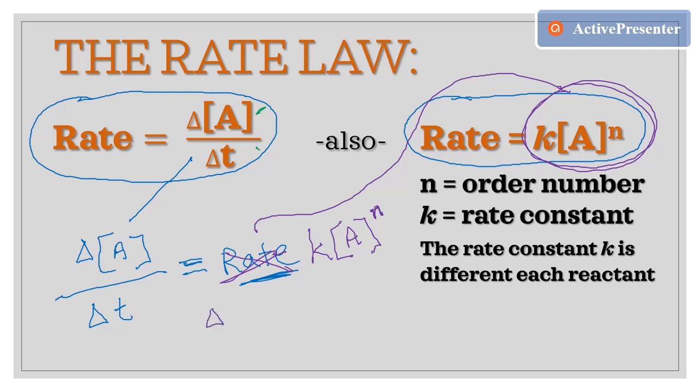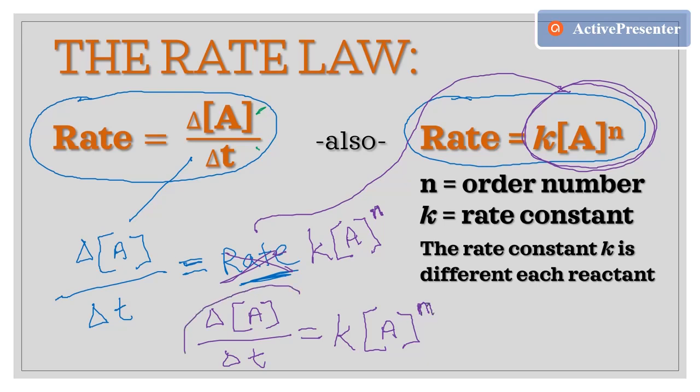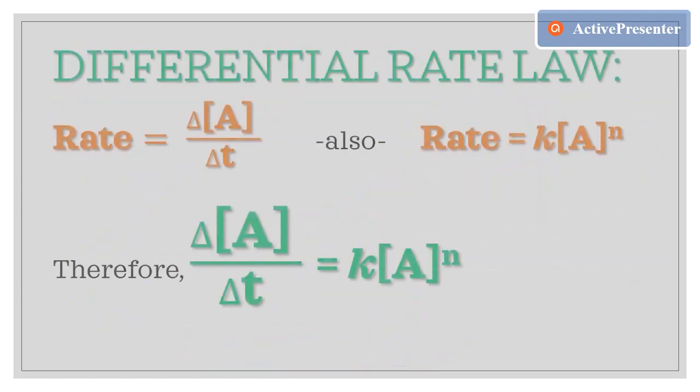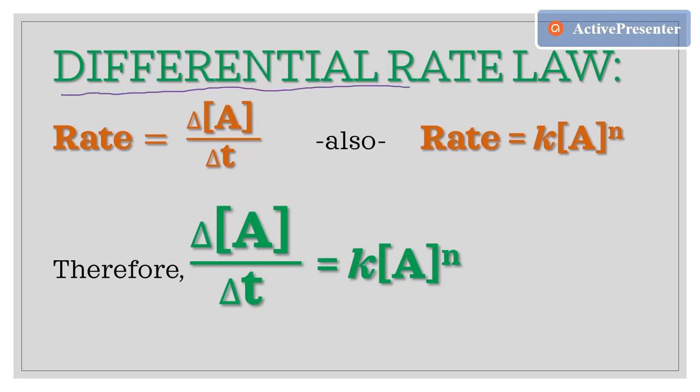So the change in the concentration of A over the change in time is going to be equal to the rate constant times the concentration of A to the power of the order number. And this is what is called the differential rate law, what I just did, the differential rate law.